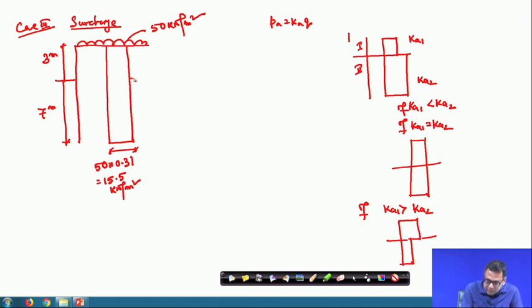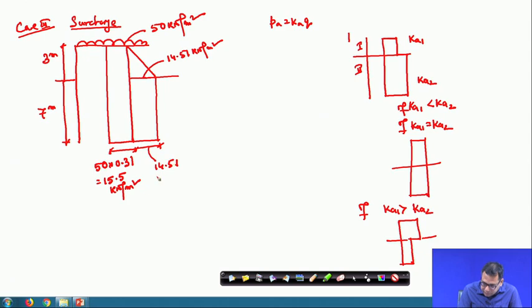Now, for the next one, this is for the first layer that I have already calculated. This is 14.51 kilonewton per meter square. That 14.51 will continue in this layer, so this is also 14.51 kilonewton per meter square.